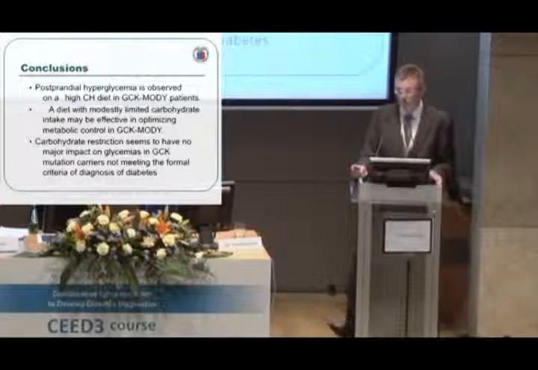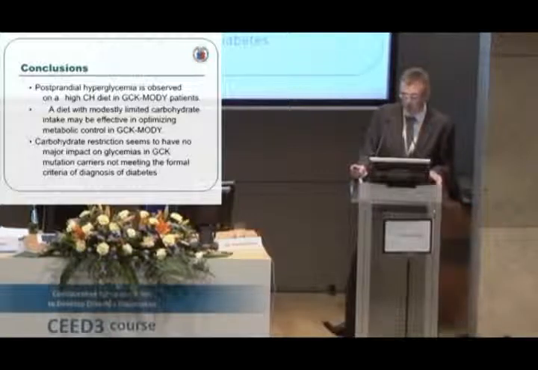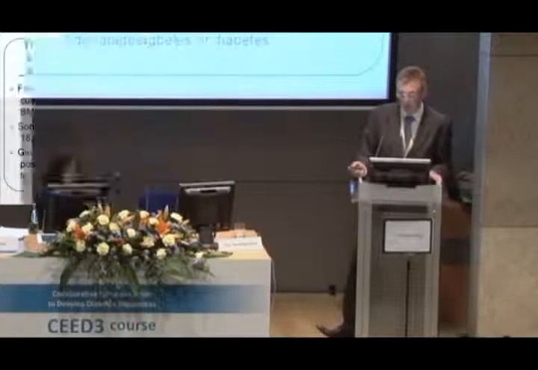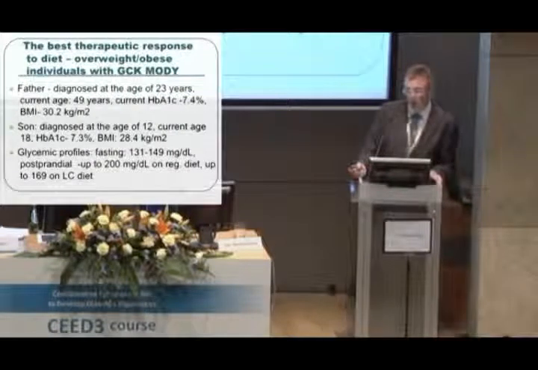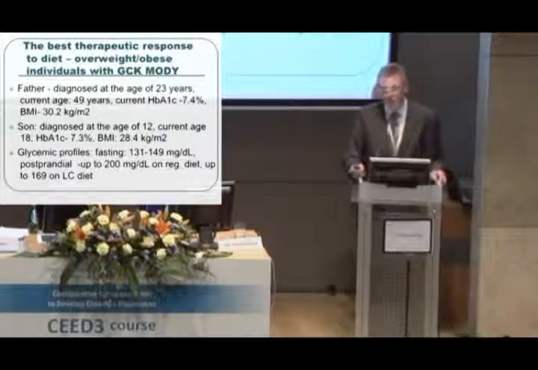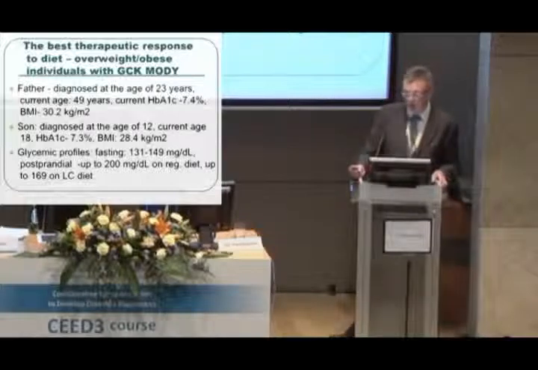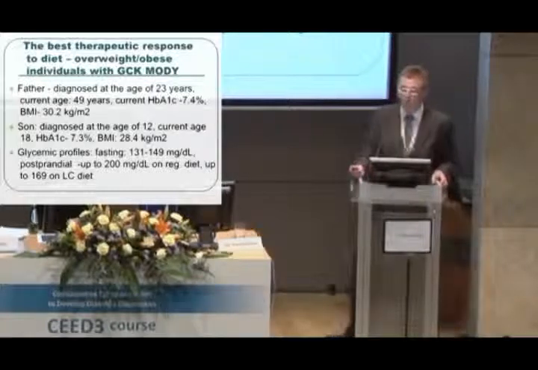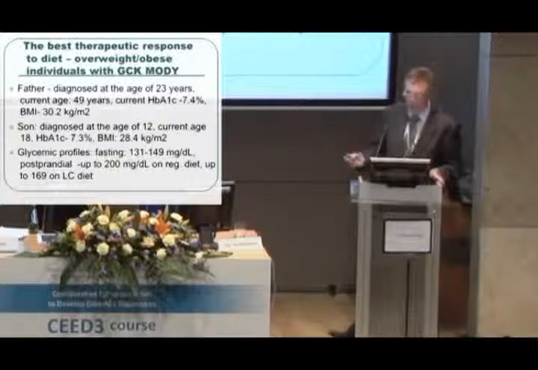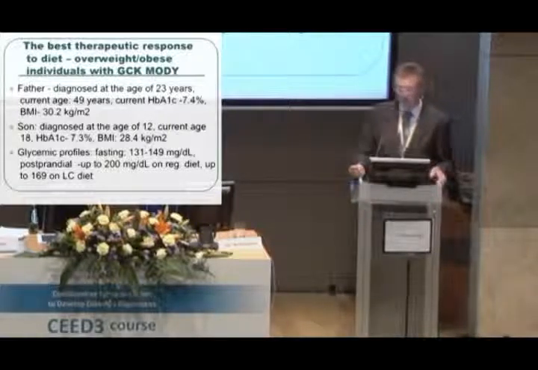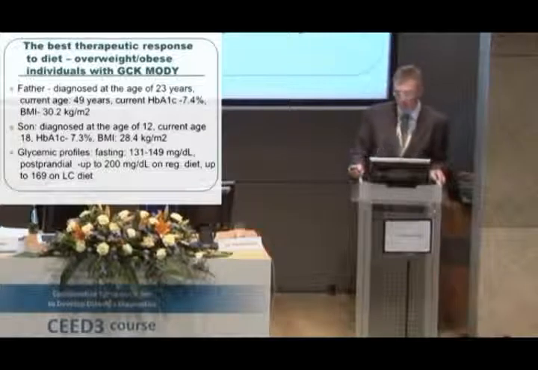Carbohydrate restriction seems to have no major impact on glycemias in GCK MODY carriers not meeting the formal criteria of diagnosis of diabetes. To our surprise, the best therapeutic response to diet was seen in overweight or obese individuals with GCK MODY. And now I'd like to present the case of a father and son. Father was clinically diagnosed at the age of 23.